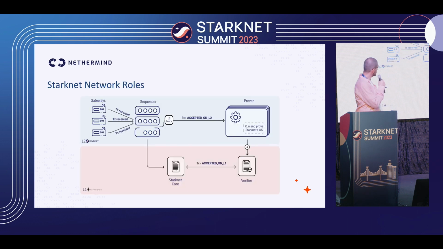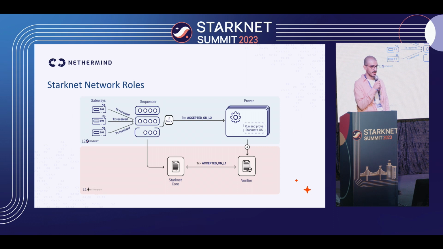So let me switch to Starknet. This is a diagram of the network that we have currently in production. At the heart of the entire network is the core contract on layer 1. What it does is it essentially verifies the validity proofs that provers are generating, and it gives permissionless access to L2 data that is being posted there by the sequencer.